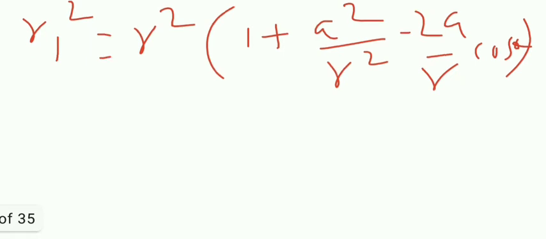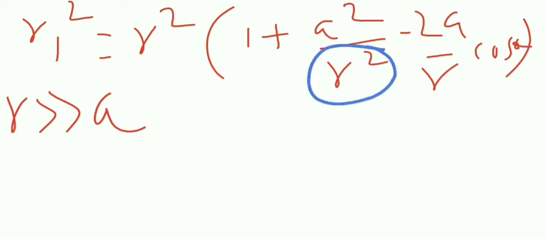What do we assume? We assume that R is far greater than A. That means R is very big, A is very small. So if R is very big, what happens? The denominator will be very big and the numerator is very small. If the numerator is very small like 1 and the denominator is too big like 100, what happens?